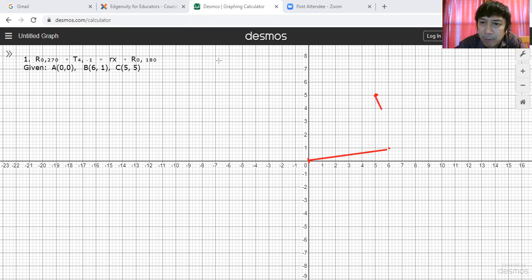And this is our pre-image. We can change this to the initial figure, say dark. All right, so we can make it dark.